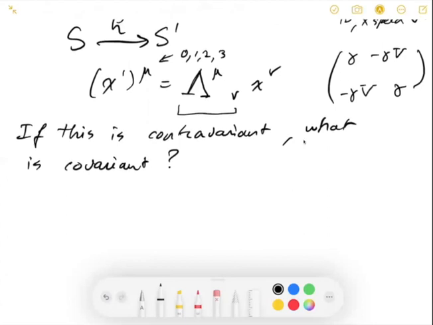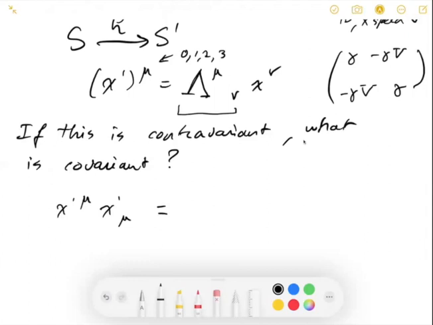We wanted to have something that would be an invariant, right? So we have, let's say, x prime mu. This is the contravariant, and that's the covariant form. Hang on, where are my notes? Notes are gone. Here we go.